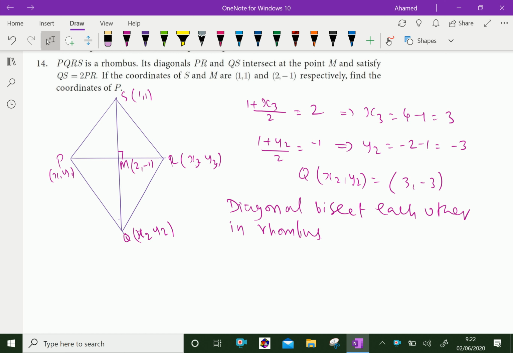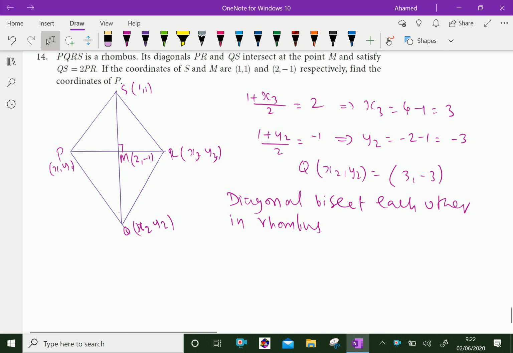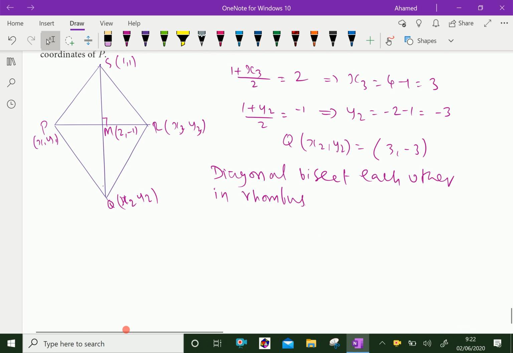Therefore we can use the condition that the diagonals bisect each other: ((x1 + x3)/2, (y1 + y3)/2) is the midpoint, and M is (2, -1).